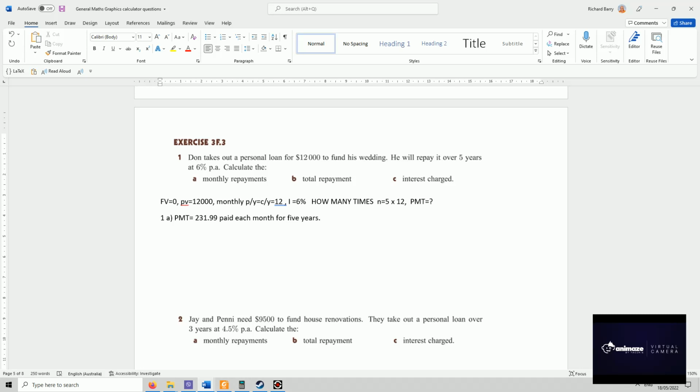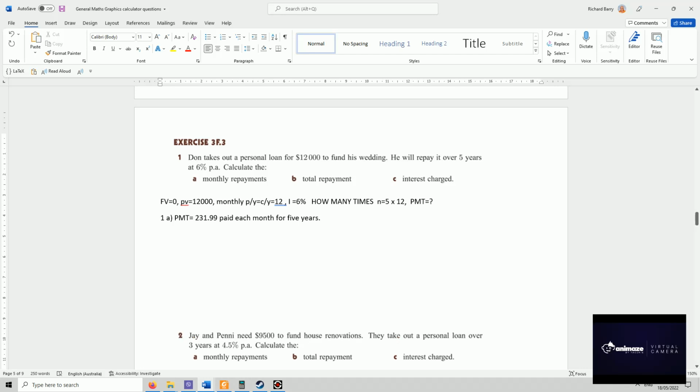Cool. These next two questions don't use the graphics part of the calculator. So the total paid equals N times payment.